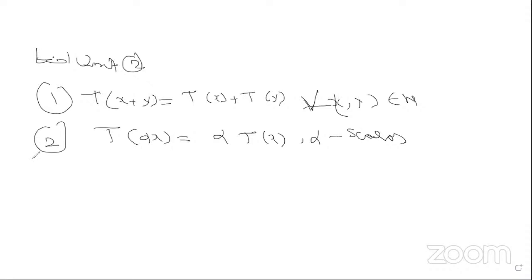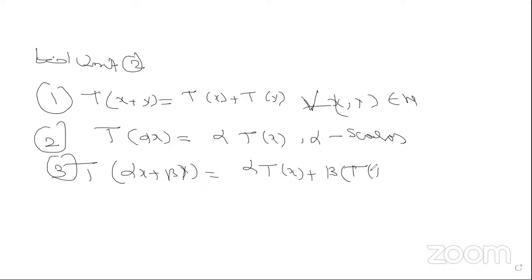Third property is nothing but combining the first and second properties: T of alpha x plus beta y equals alpha times T of x plus beta times T of y, where alpha, beta are scalars and x, y belong to N.